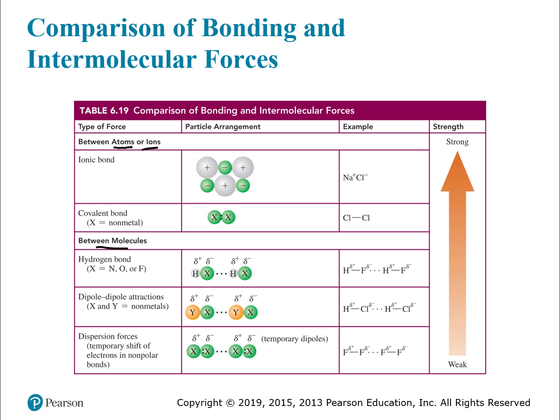The forces between atoms or ions is much stronger than the forces between molecules. And that's demonstrated on this chart. You'll definitely need to know the relative order from weakest to strongest in terms of the bonding and intermolecular forces.